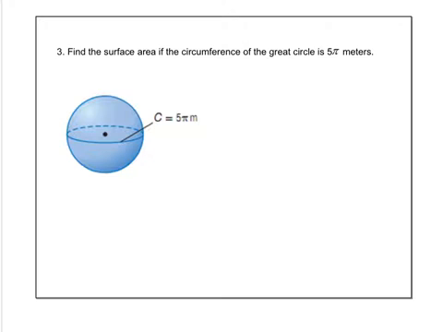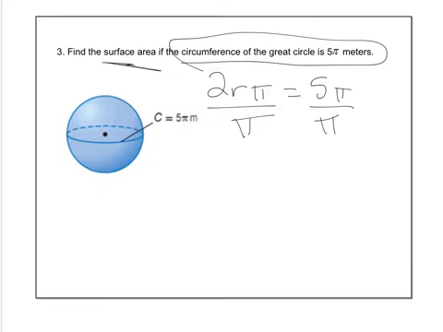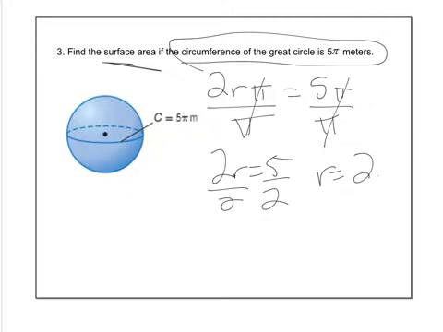The circumference of the great circle is 5 pi meters. Figure out the surface area. Circumference is twice the radius times pi, and that's going to equal 5 pi. If I divide by pi first, they cancel, so 2r equals 5. Dividing, I get my radius to be 2.5.